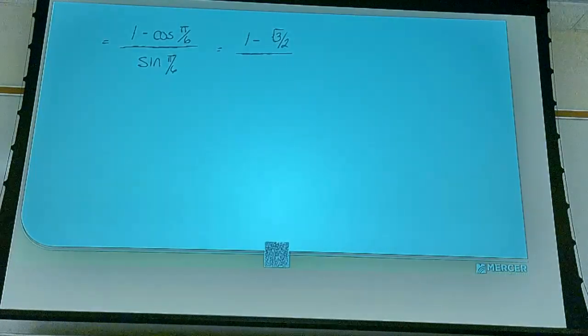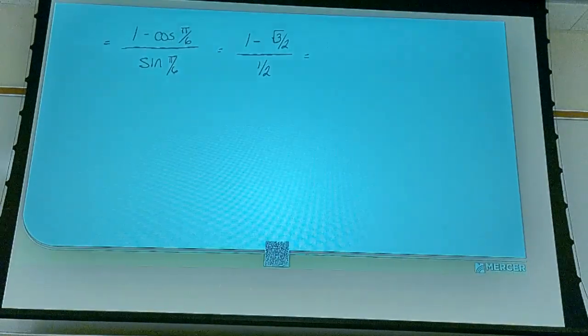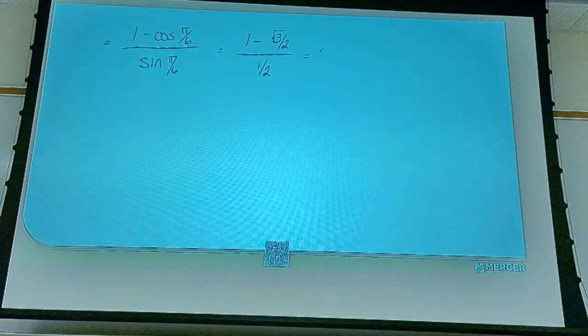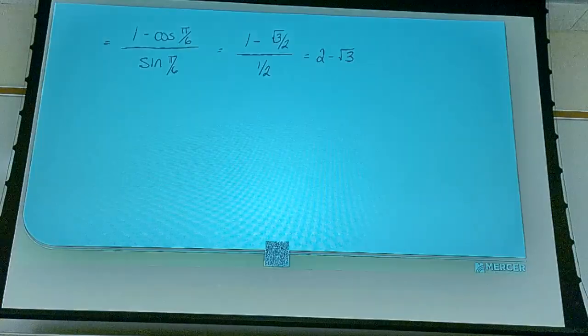Or that could also be 1 minus cosine all over sine. And when you clear out the compound fraction, 2 minus root 3.